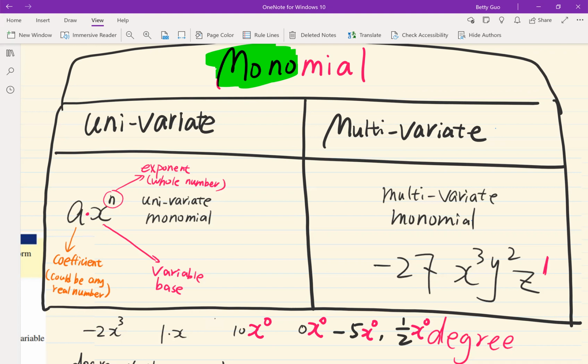What is a monomial? Anything which can be written in the form a times x to the power of n.